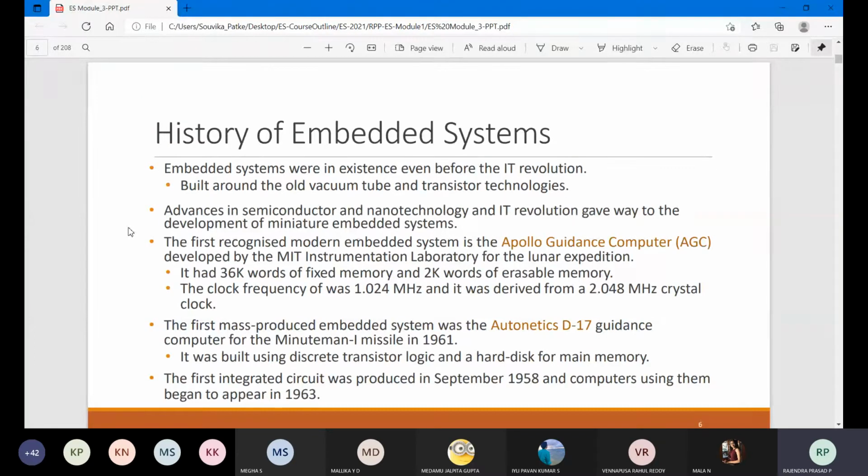So how did this embedded system evolve, right? The history of embedded system, why it has become very important now. Every type was having a separate one. Earlier they used to have only one for all things, like the mobile phone. The mobile phone was used for calling, for messaging, for video calling, everything, right?